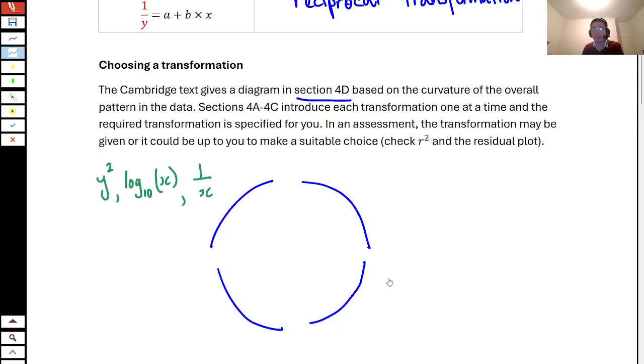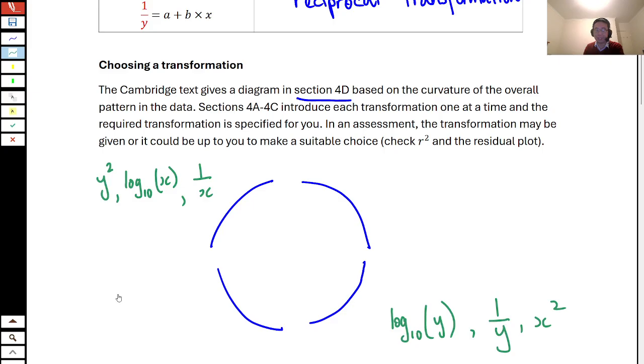On the other hand, if your data is increasing, but the rate of increase is getting higher and higher, the transformations which are suggested are log of y, 1 on y, and x squared.